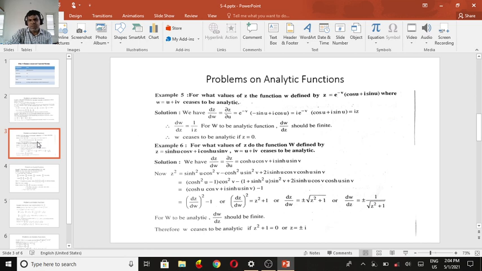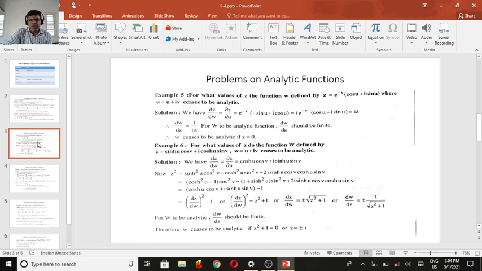Differentiating with respect to u, the derivative of sin hyperbolic is cos hyperbolic, and the derivative of cos hyperbolic is sin hyperbolic. So sin hu becomes cos hu cos v plus I sin hu sin v.